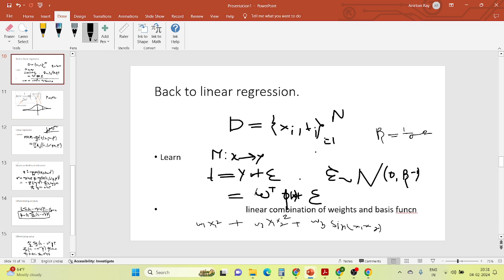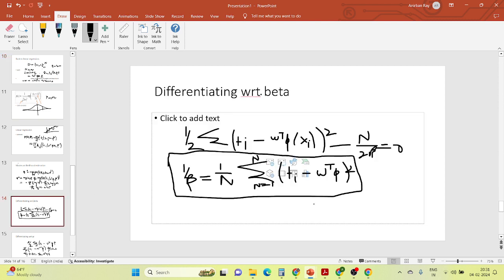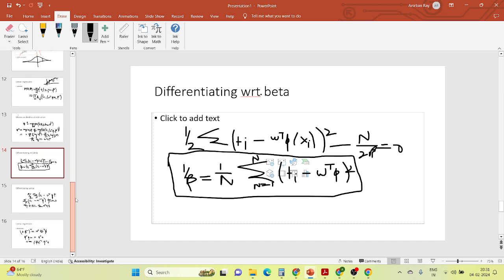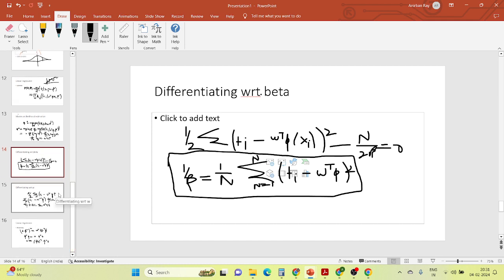But this part has not much significance because the variance of the noise is experimental and we can do nothing about it. That is what has occurred in the data.